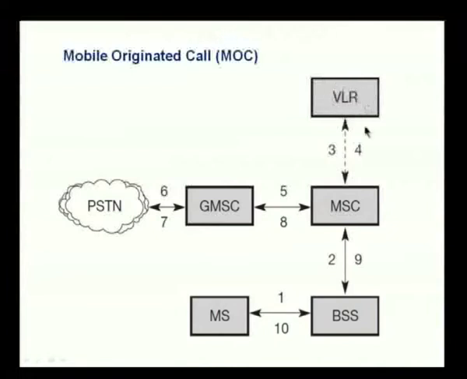So, that will be ensured in step 4. Once step 4 is finished, the mobile switching center can establish the call between the PSDN network and the MS. In the mobile originated call, the call is originated in the mobile station and it ends with some station, maybe a PSDN user. So far we have discussed how mobile originated and mobile terminated calls are made.